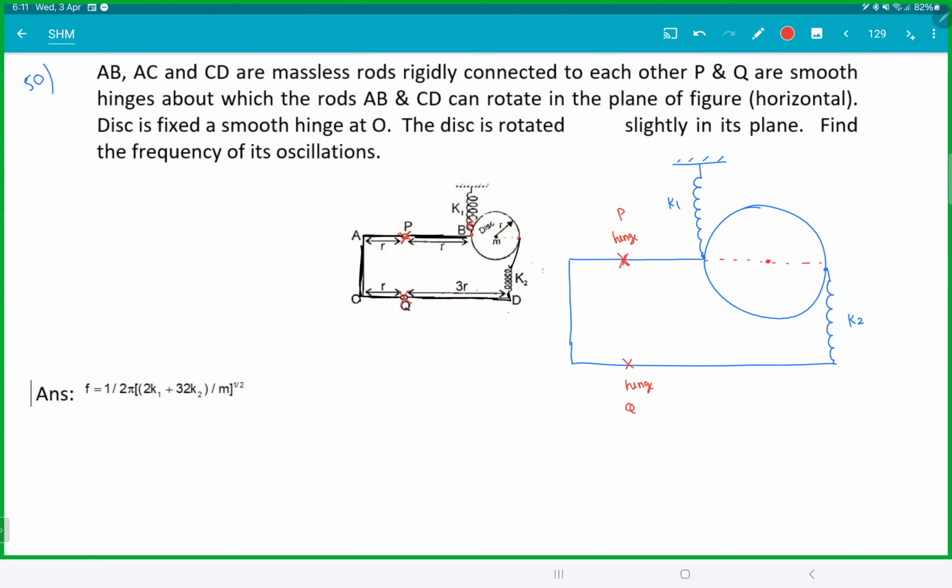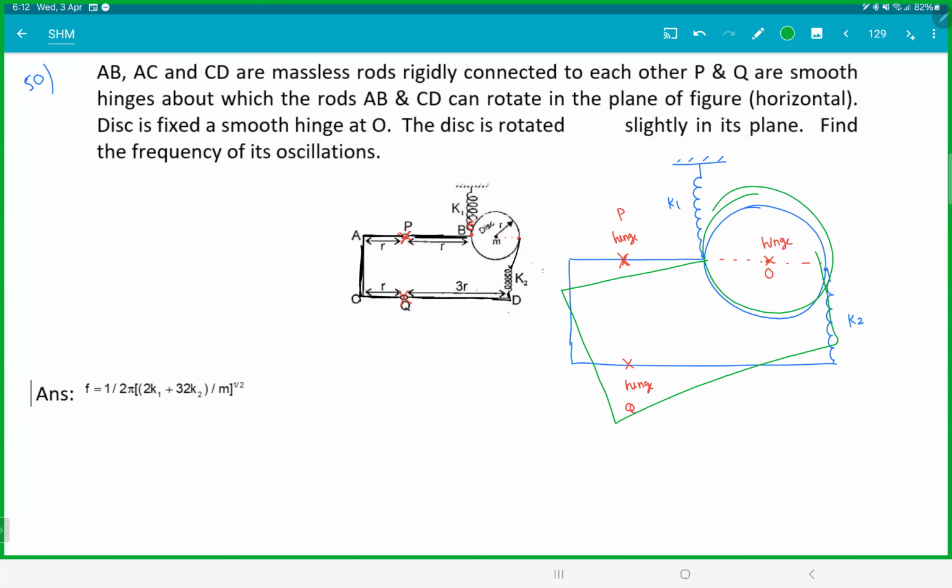This is the center. This is also a hinge right over here. You're getting it? So if I disturb this, just to give an idea, how will the shape become? The disk will rotate a bit. This rod will become like this. Isn't it?